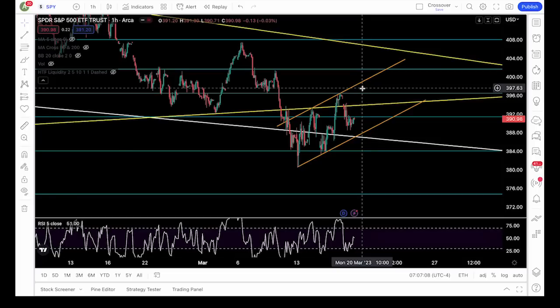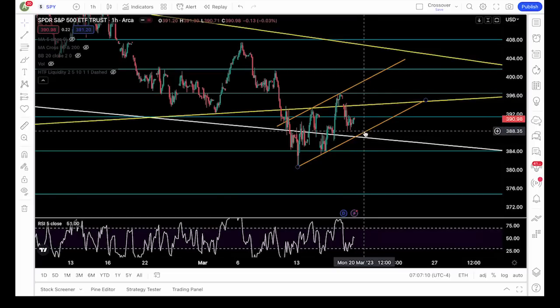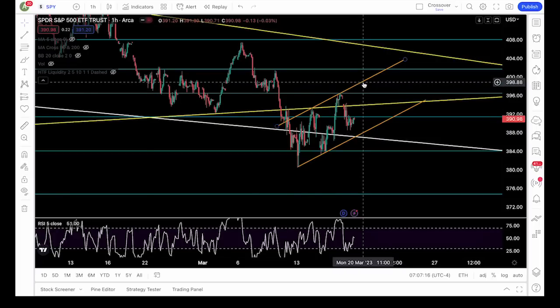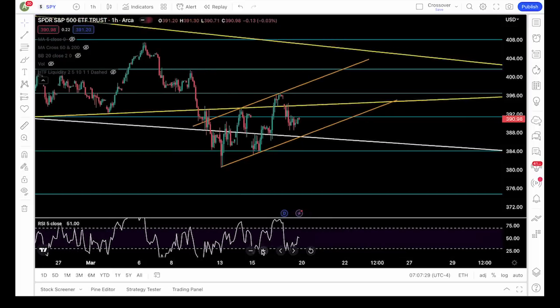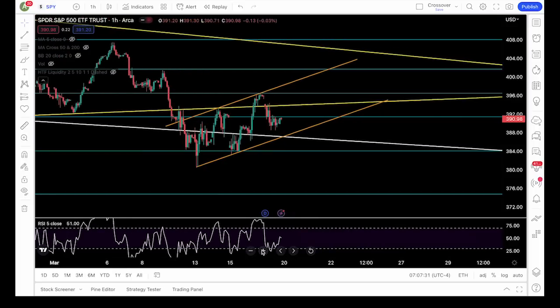Actually, by the time market opens on Monday, it would be around 387.8-ish. And by the time market opens on Monday, the breakout for this bear flag to the upside would be around 398.9. So as long as we are within this range, in my opinion, we are in the chop phase.